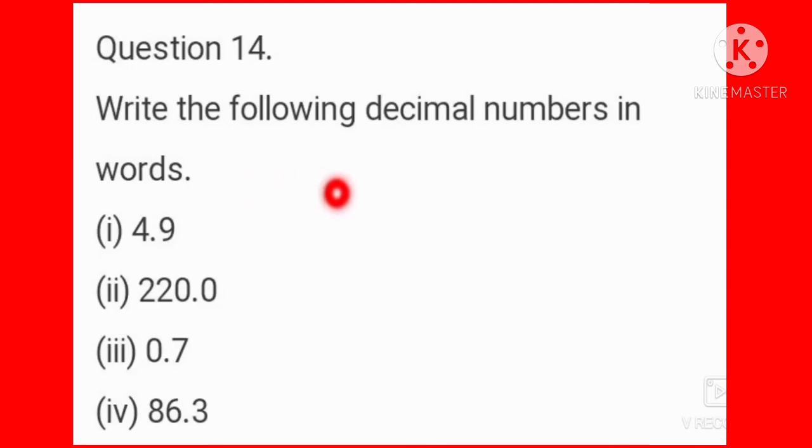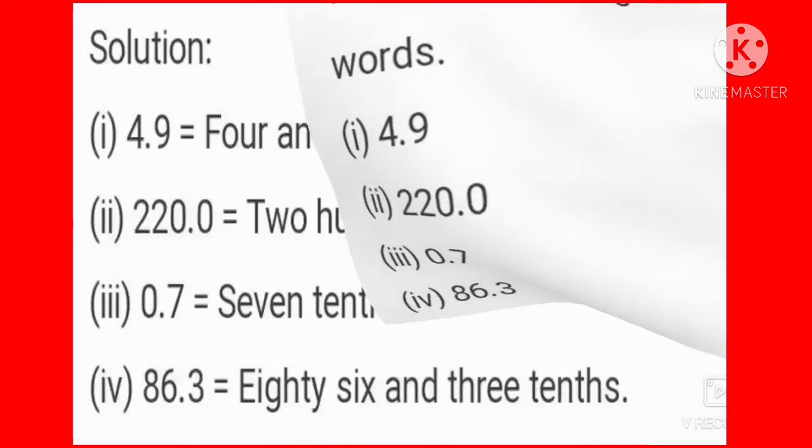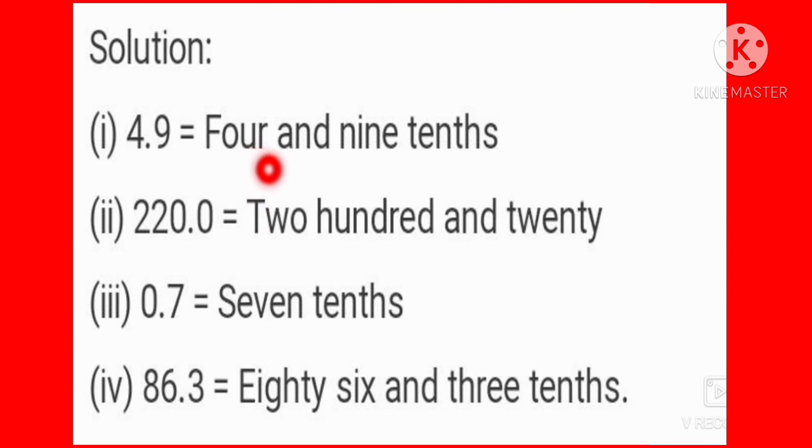Write the following decimal numbers in words. So now we are going to write the decimal numbers in words. So 4.9 can be read as 4 and 9 tenths. 220.0: there is no decimal part, so leave the decimal point, and we can read it as 220. 0.7 is 7 tenths, we can read it as 7 tenths.